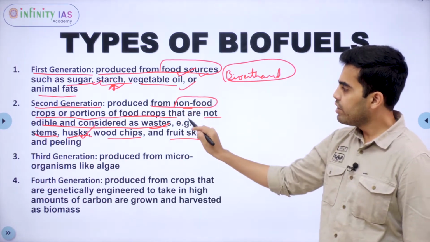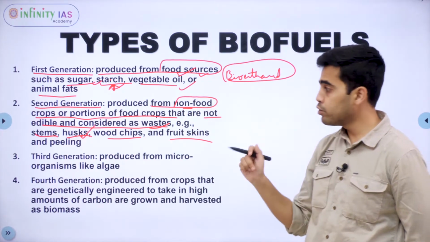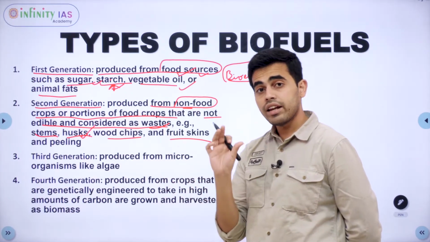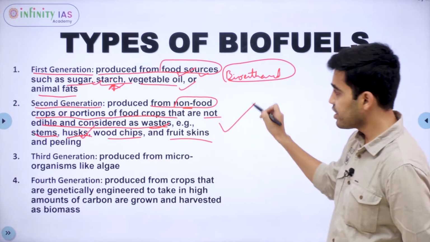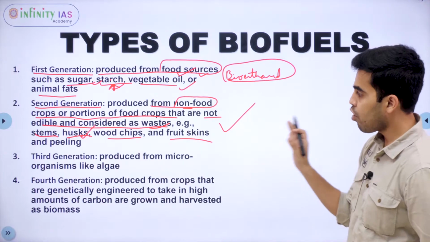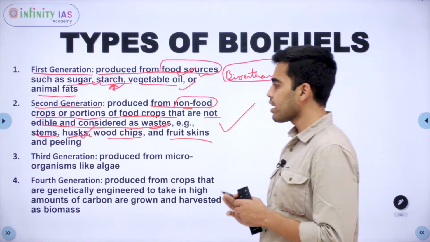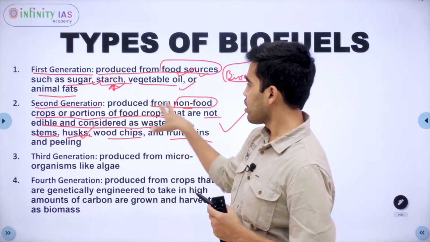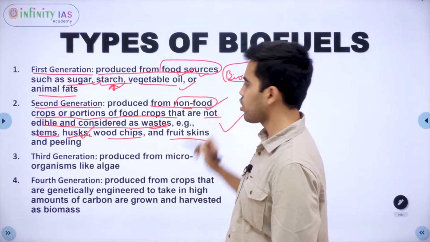So now we do not have any problems with food security, but still there are certain problems with second generation biofuels as well. What are those? Here, these are produced from non-food crops.